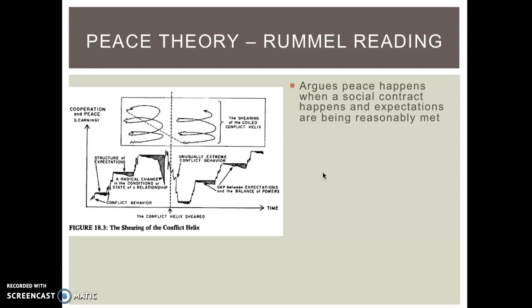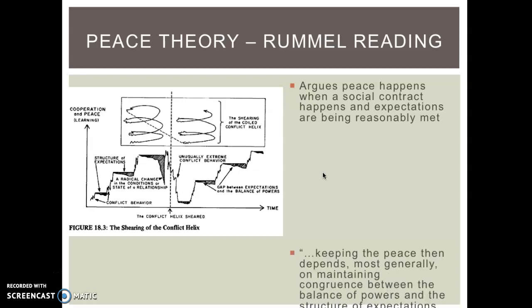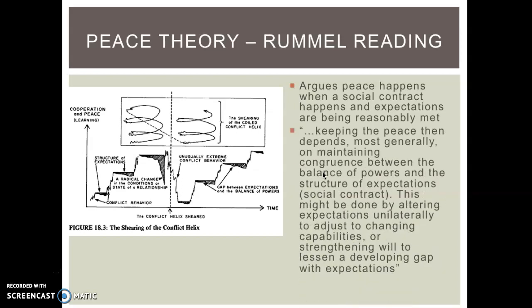But if they feel like the system is wronging them and it is rigged and those institutions are corrupt, it's going to lead to conflict and anger. So therefore, keeping the peace depends most generally on maintaining congruence between the balance of powers and the structure of expectations, which is the social contract. You might call that our Constitution in the United States.